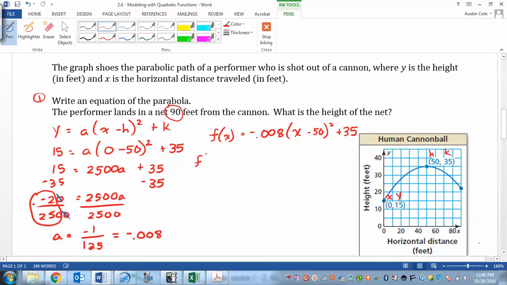So f of 90 equals negative 0.008 times (90 minus 50) squared plus 35. 90 minus 50 is 40. 40 squared, 1,600. Then 1,600 times negative 0.008.